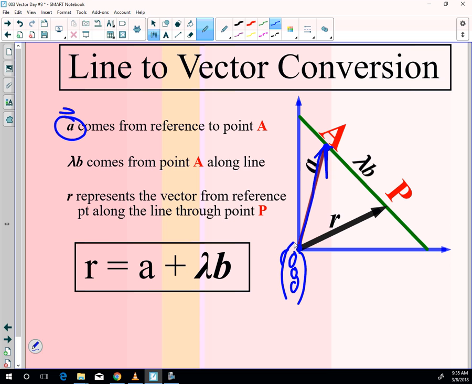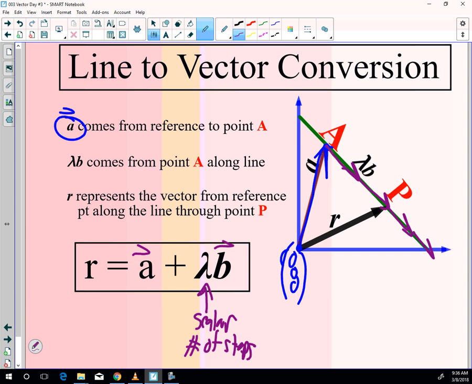And then we're going to have a direction vector, direction B. And it can be any number of unit vectors to get to the point. Let's say we want to go to point P. So we have vector A and so many steps B, and I call this a scalar number of steps.